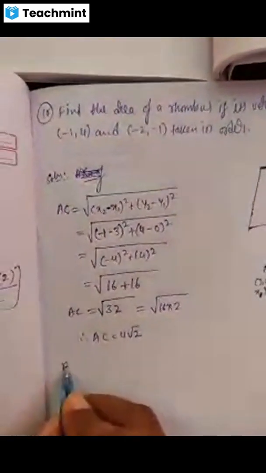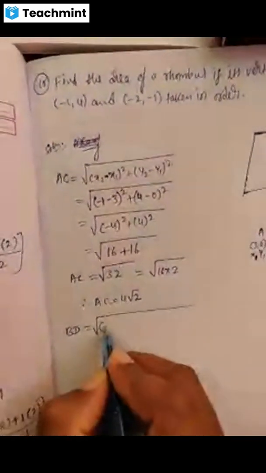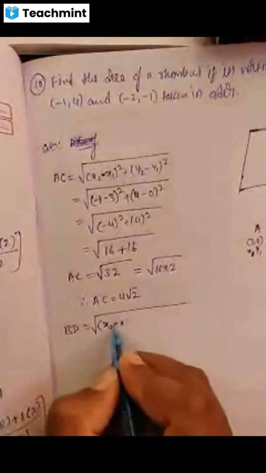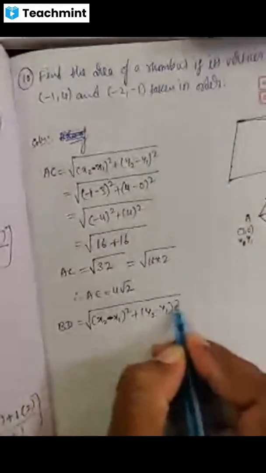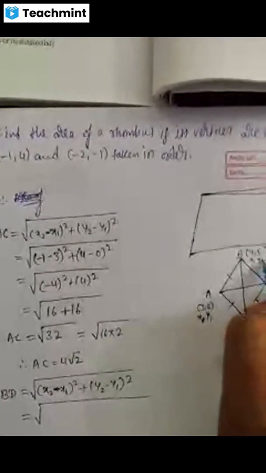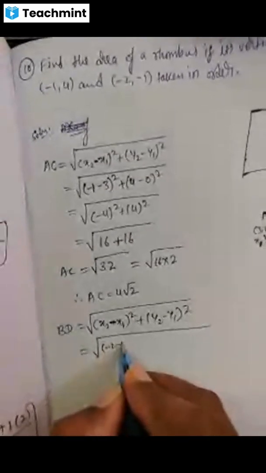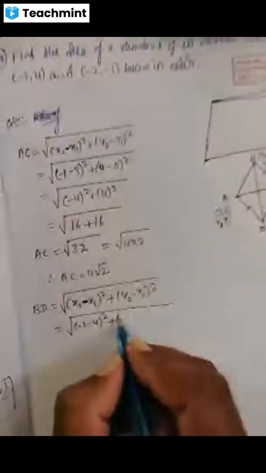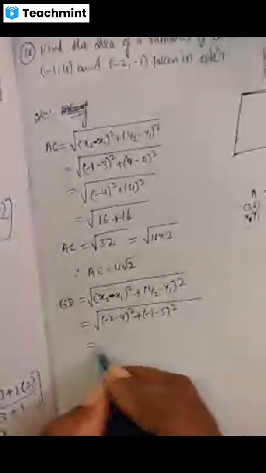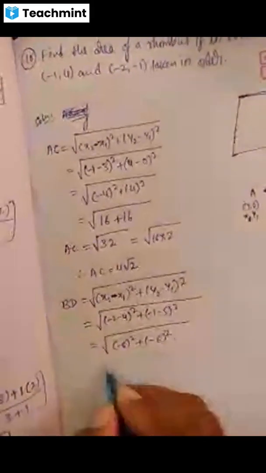In the same way, BD is equal to square root of (x2 minus x1) whole square plus (y2 minus y1) whole square. Here take x1, y1 and x2, y2. So (-2 minus 4) whole square plus (-1 minus 5) whole square, that is square root of (-6) whole square plus (-6) whole square.